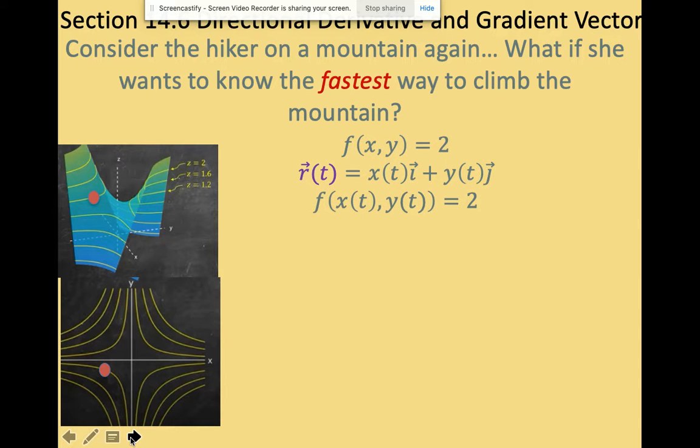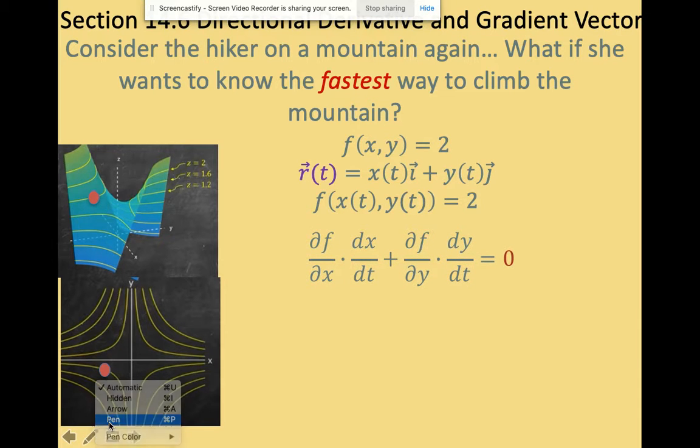Notice the color change there. Okay, what have I done here? I'm taking the derivative of both sides of this equation. I'm taking the derivative of a composition, which means I need the chain rule.